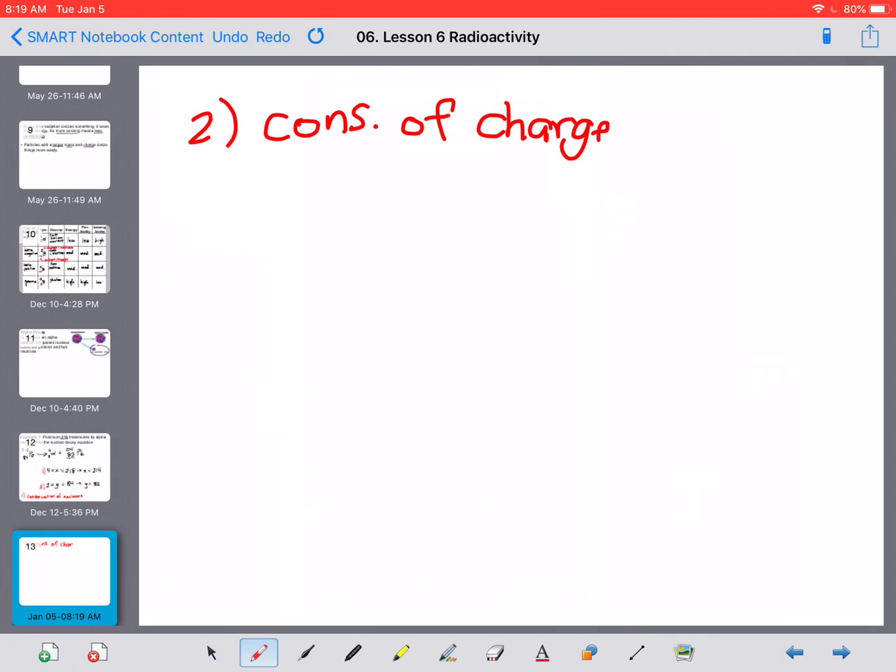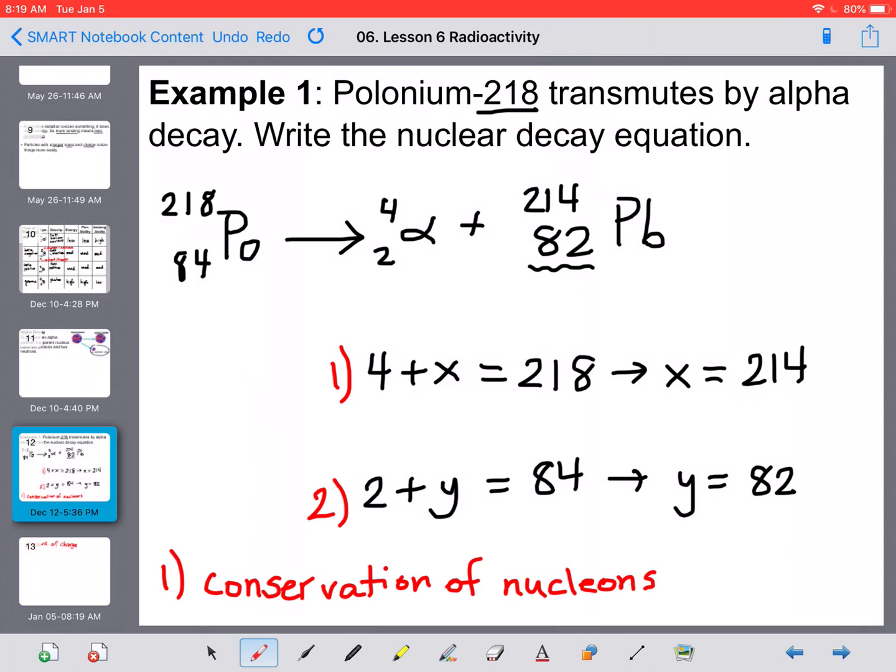Okay, so conservation of nucleons, just going back for a sec, allows you to find the isotope type. So here, we know that the daughter product is lead-214 and not lead-215 or lead-216, for example.